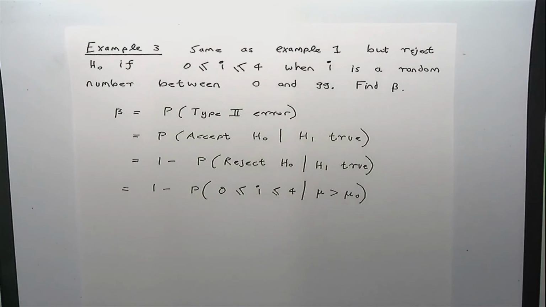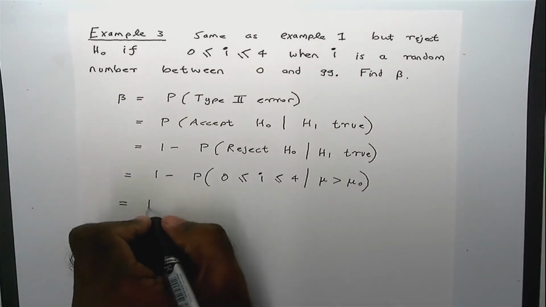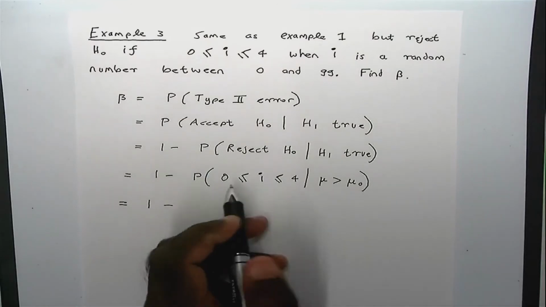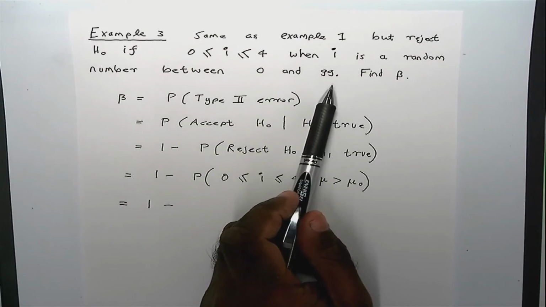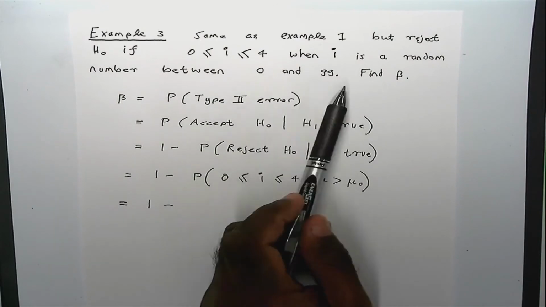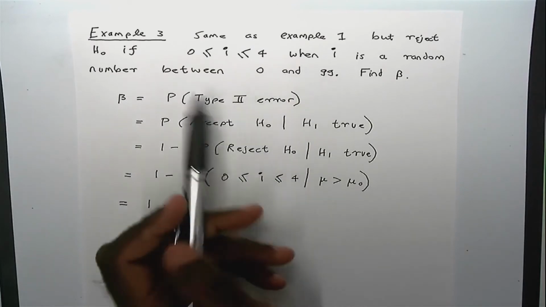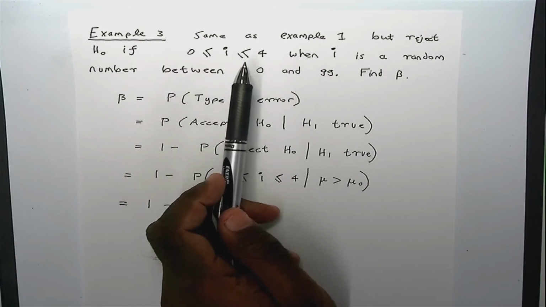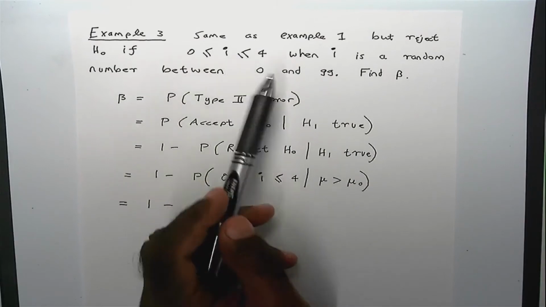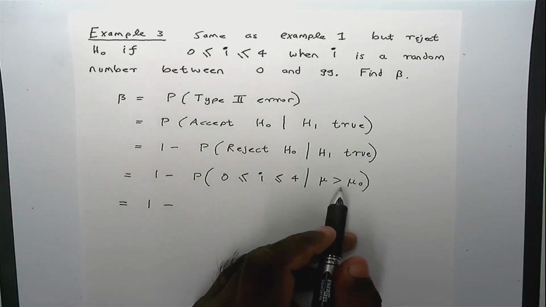Right, now this is where the answer comes in. Now remember, I is a number between 0 and 99, and there are 100 numbers between 0 and 99, and between 0 and 4 there are 5 numbers: 0, 1, 2, 3, 4. So the probability of this, because I is not related to mu, you can pretty much ignore this.